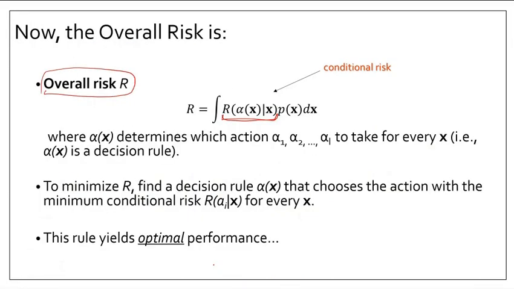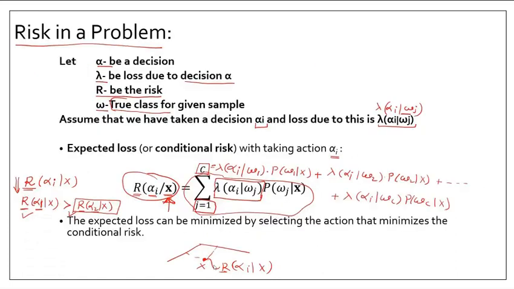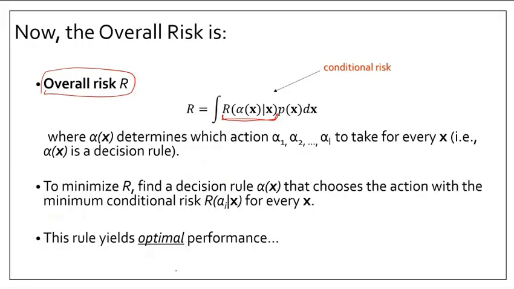Now this overall risk is the integration of risk for all the samples or all the points in this space, every point in this space. So I need a double integration actually to do this. Right now it is represented by a single integration, but it depends on the dimension of x.